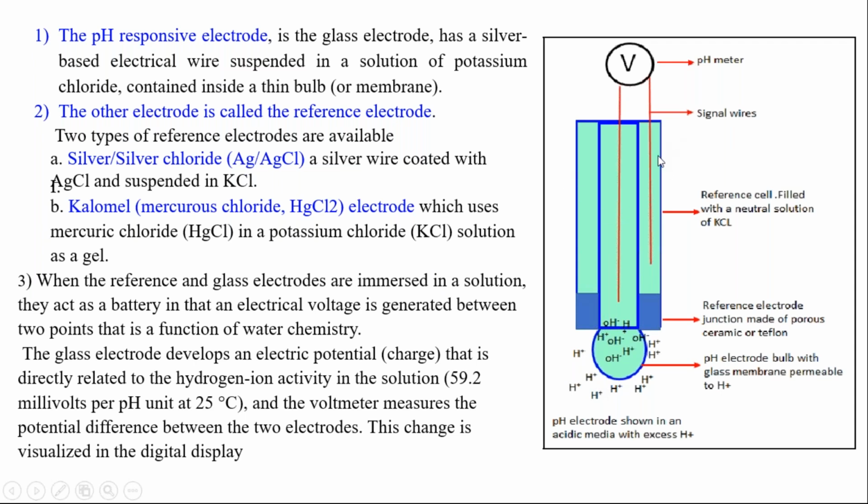Some electrodes come with a hole here and a rubber stopper, and very often the reference solution is lost or evaporated. Ensure that the reference solution is sufficient inside the reference electrode or the reference portion of the compounded electrode.